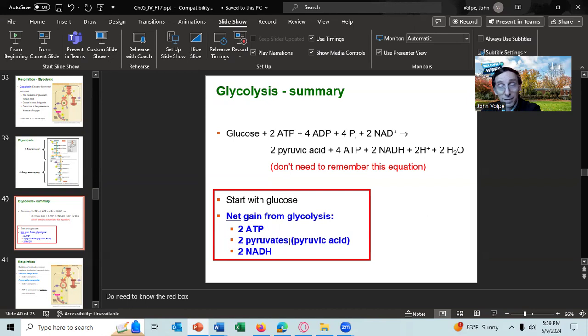Chemically, they are just different from whether the hydrogen is attached or not. For our use, we will treat them synonymously. A chemist would object, but who cares? Because the cell treats them the same. And then they also generate 2 NADH from glycolysis. Any question about that?